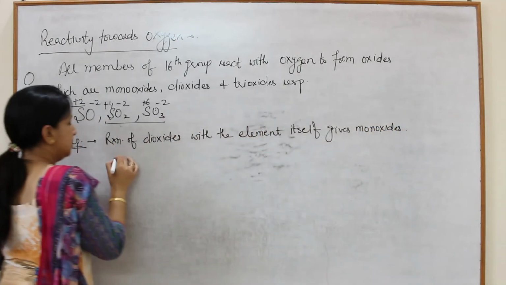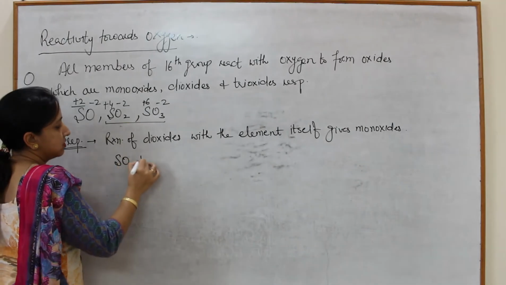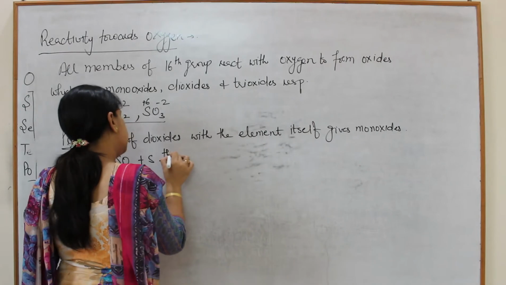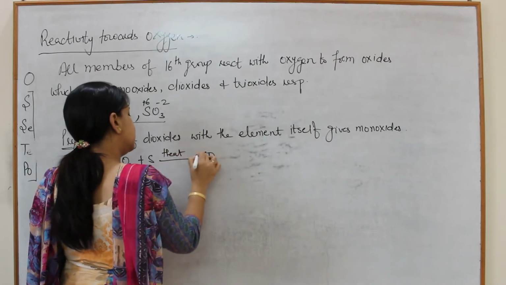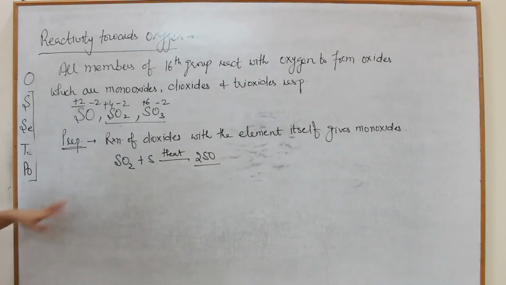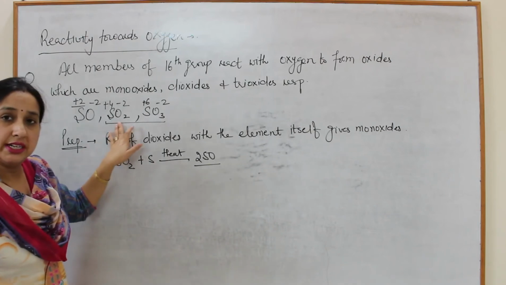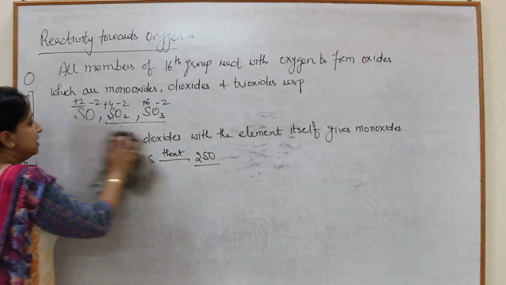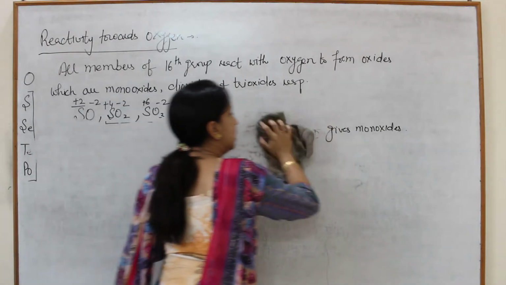For example, if we react sulfur dioxide with sulfur and heat the mixture, then we will get sulfur monoxide. But for exams, you have dioxides and trioxides as important parts. So first we will discuss the dioxides.